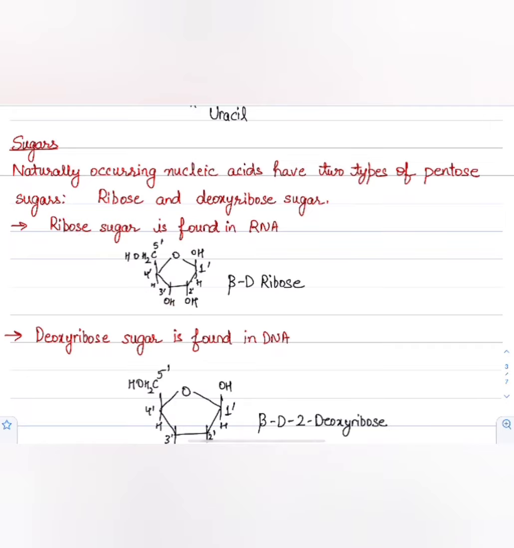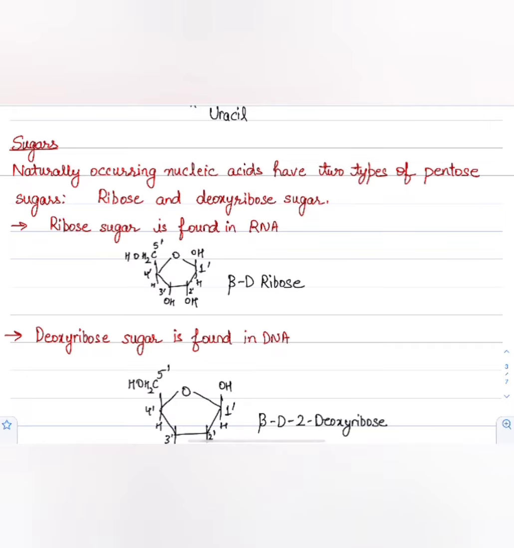The carbon atoms of the ribose and deoxyribose present in nucleotides are designated with a prime mark so that we can distinguish them from the numbering in the nitrogenous bases. Deoxyribose sugar is found in DNA, and the hydroxyl group at the 2' position of ribose sugar is replaced by hydrogen. That's why we call it 2'-deoxy.